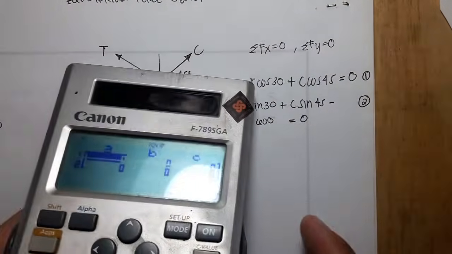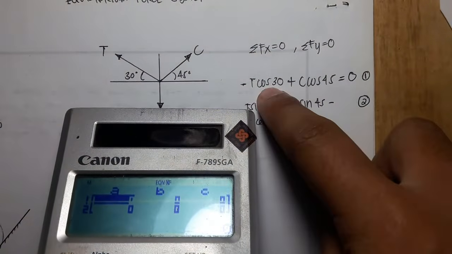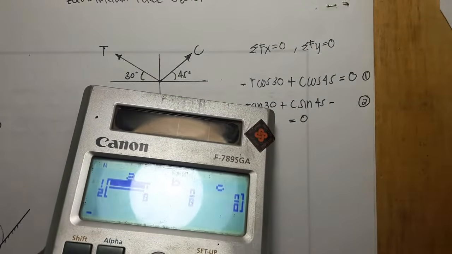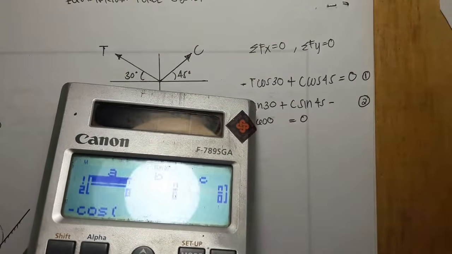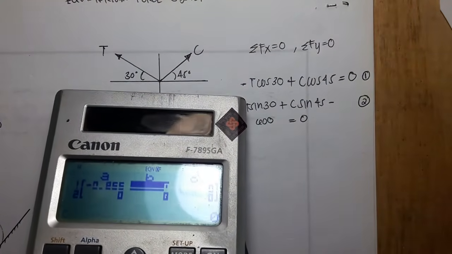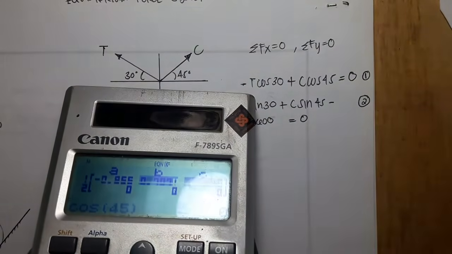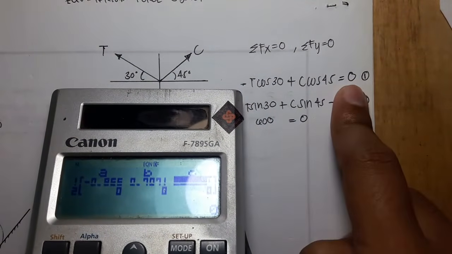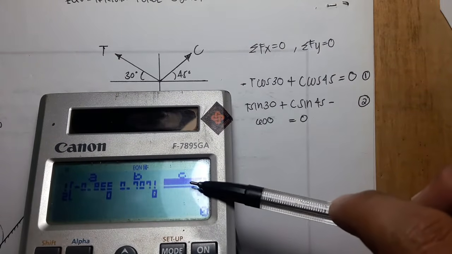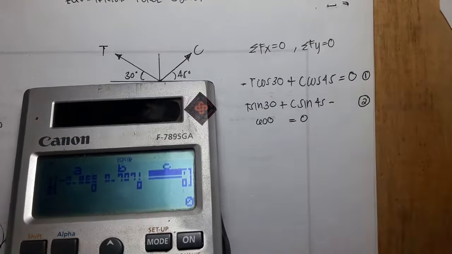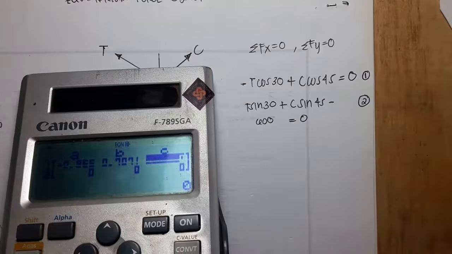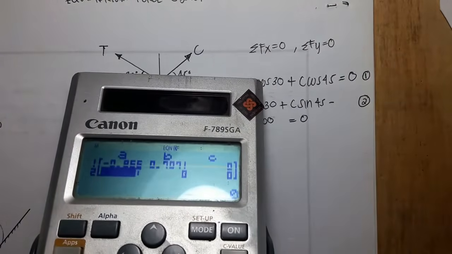Here we will input the cosine 30, so it is negative, so we put negative cosine 30, then positive cosine 45 equals, then 0, because this last column is the constant. This equation of the forces x doesn't have a constant, so it will remain 0.